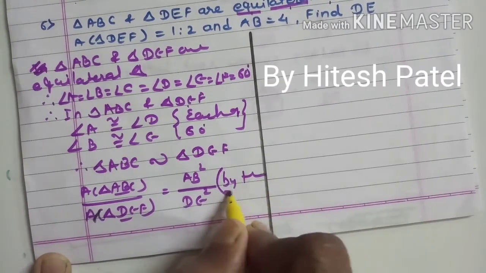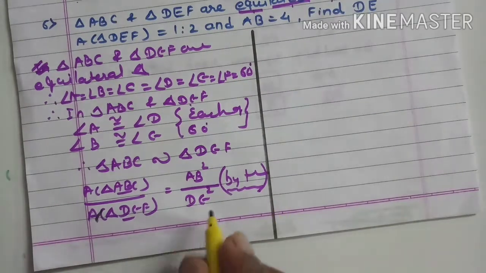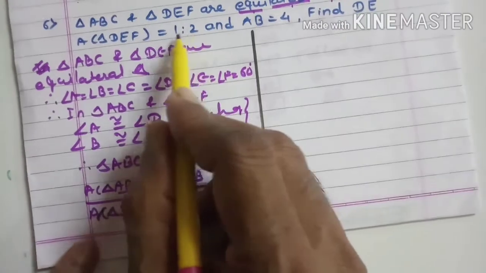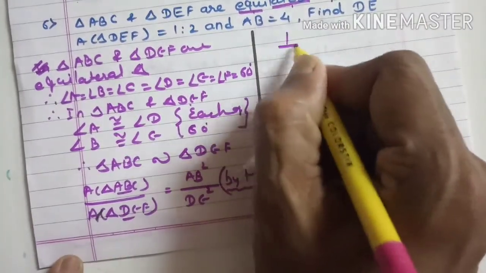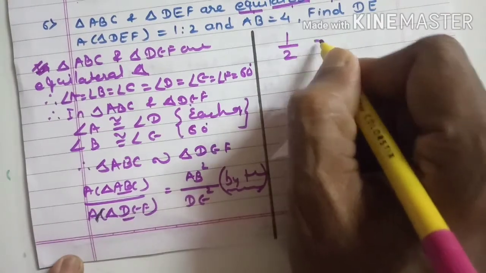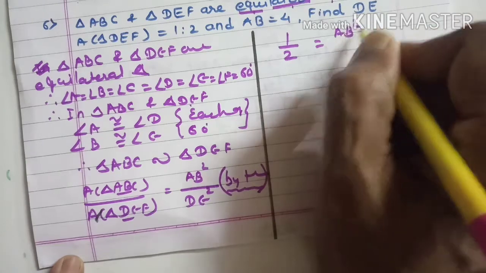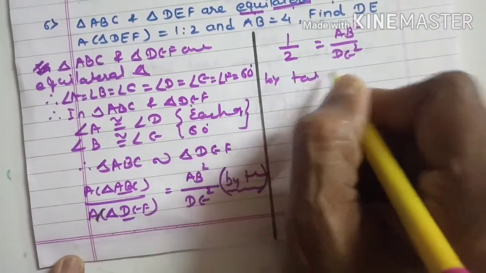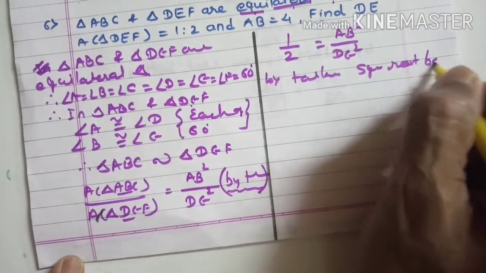Now the ratio is given 1:2. Here 1 upon 2 is equal to AB square upon DE square, by taking square root both sides.